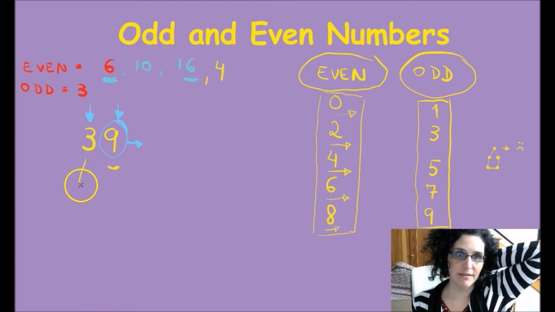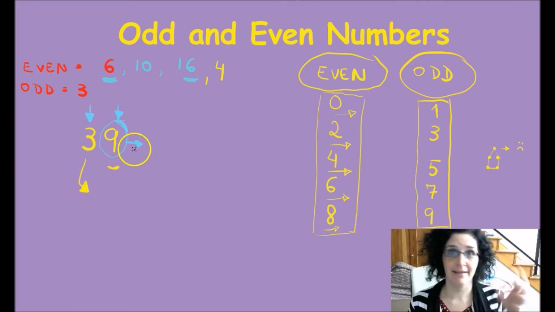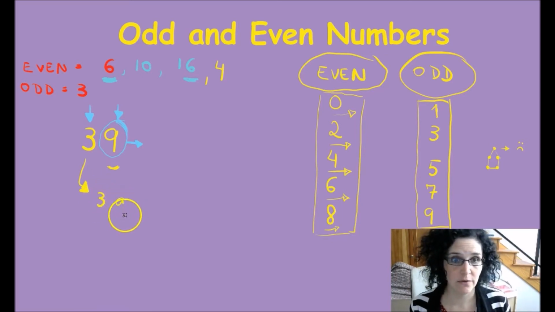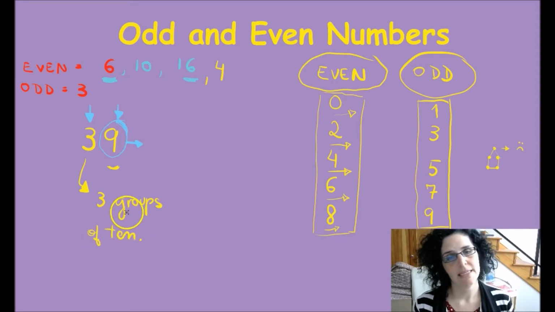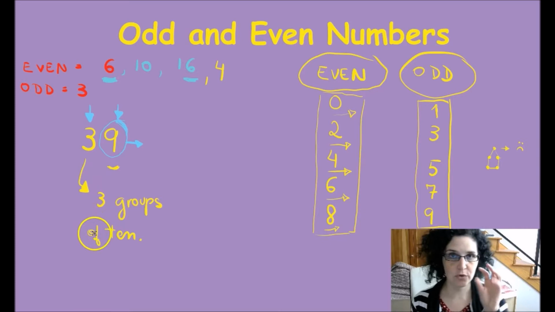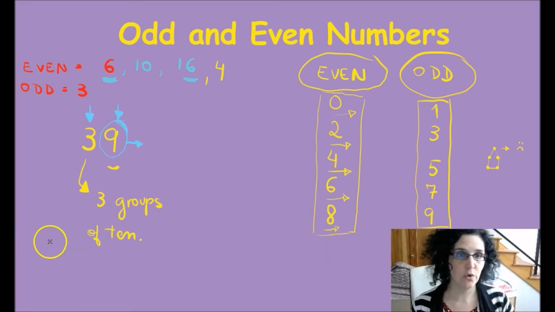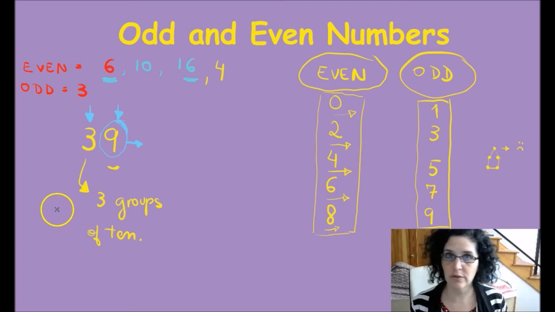Because this 3 here is on my tens house, and as we know, it means that I have 3 groups of 10. Each one of these groups of 10 is already perfectly paired. So I know that those are perfectly paired, and I don't need to look at them.